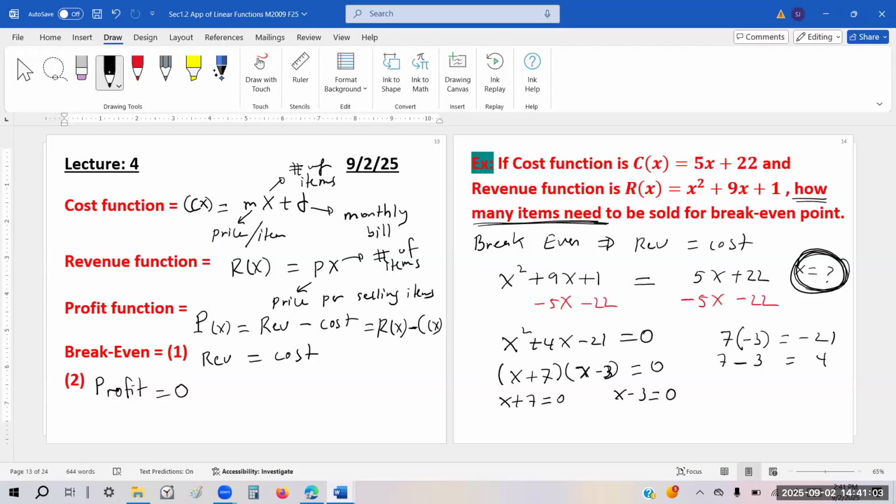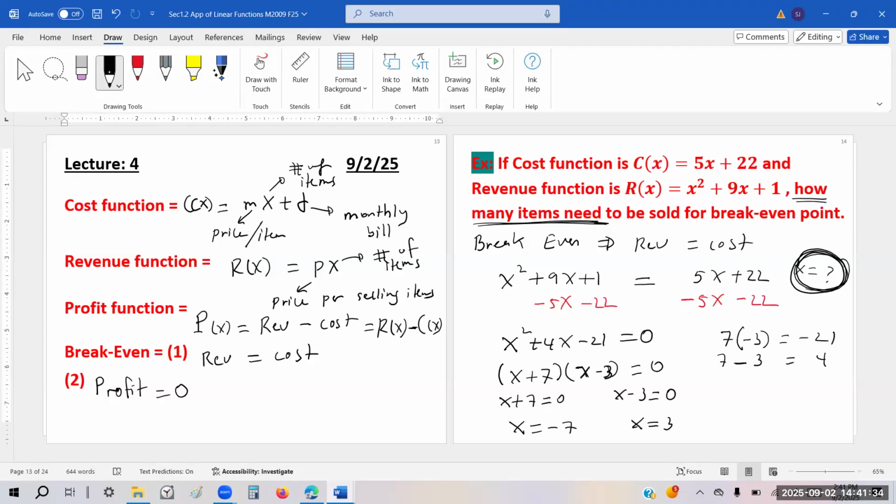When you multiply anything and the result is 0, one of them has to be 0, because 0 times anything is 0. So definitely either this is 0 or that is 0, but you don't know which one. So individually both of them equal 0. The first one is 0 or the second one is 0. If the first one is 0, then x has to be negative 7. If the second one is 0, then x has to be 3.